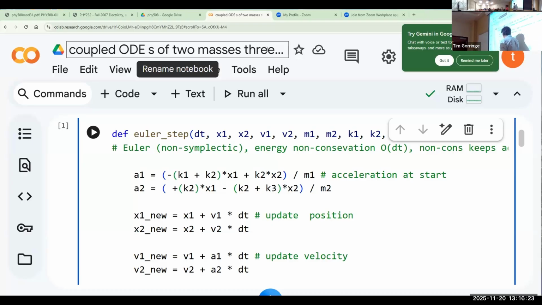So I calculate the new positions based on the current velocity, the time interval that I'm projecting for, and the current position, and I calculate the future velocity based on the current velocity, the acceleration I just calculated, and the time interval. So this is the classic Euler method for taking what you know at the beginning of the time step. I know my position, I know my velocity, I just figured my acceleration. Well, I'll just say that that goes on to the end of the time step and I just project forward.